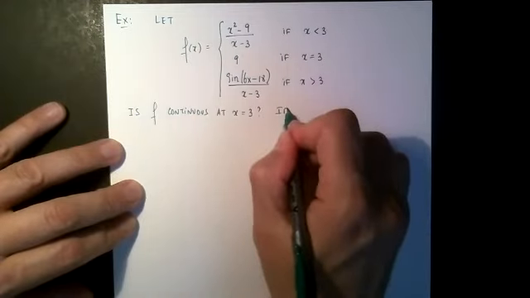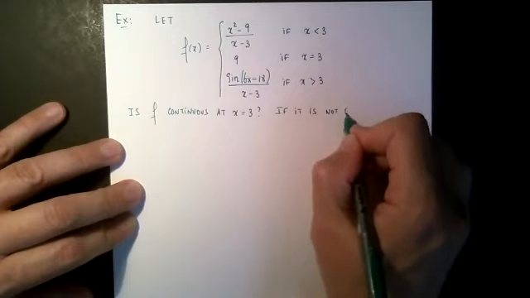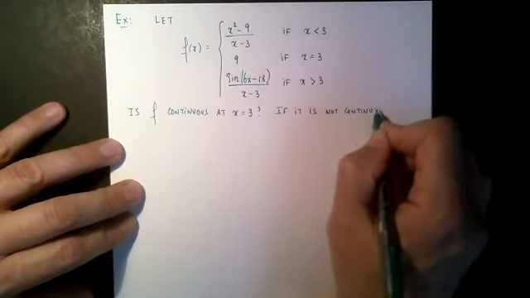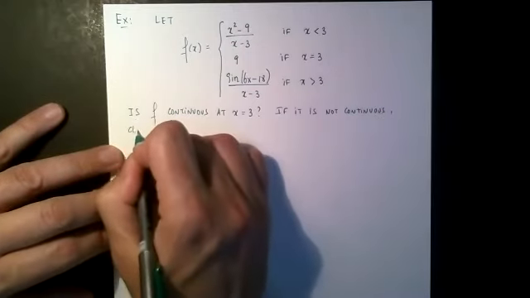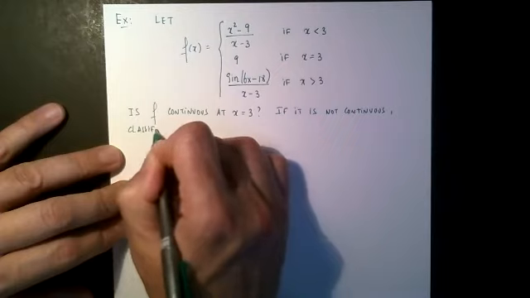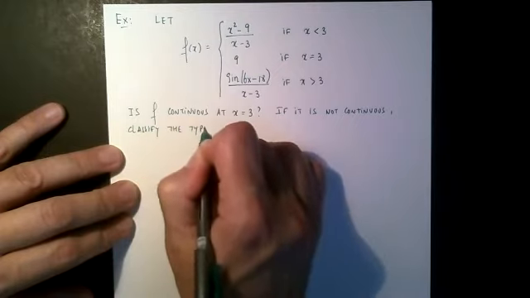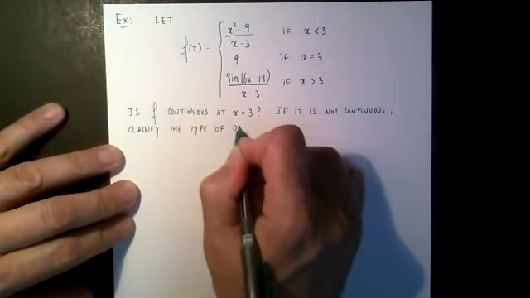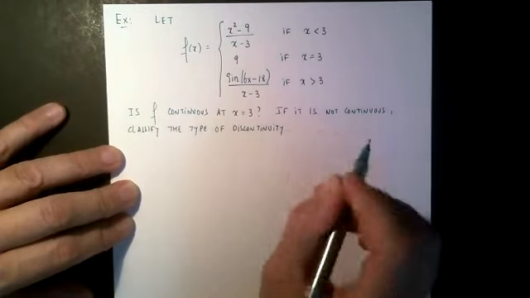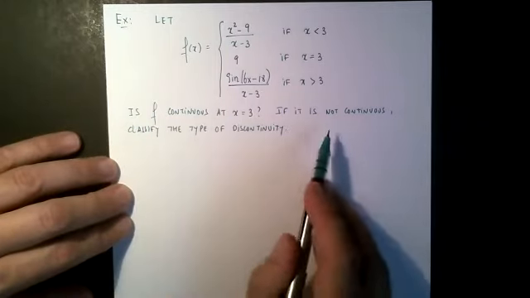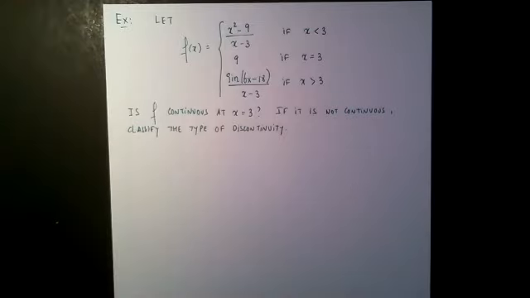And if it is not continuous, classify the type of discontinuity. So basically here I'm asking, if it's not continuous, tell me if it's a jump or a removable discontinuity.